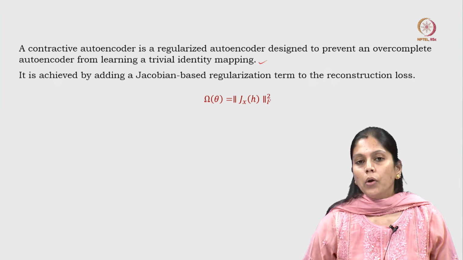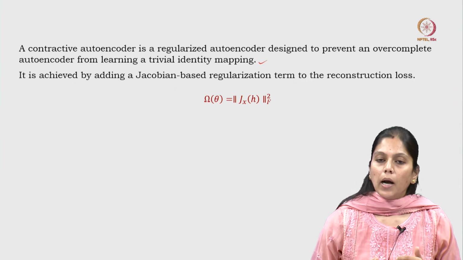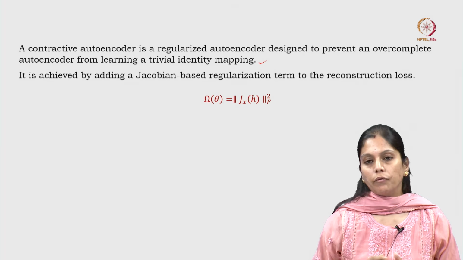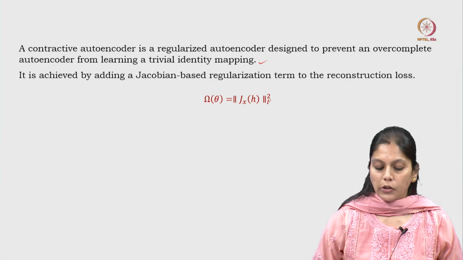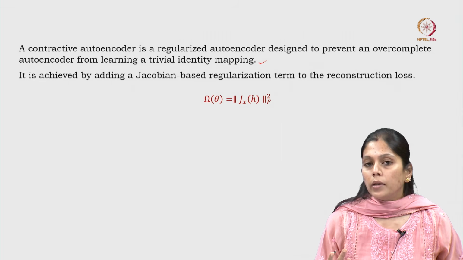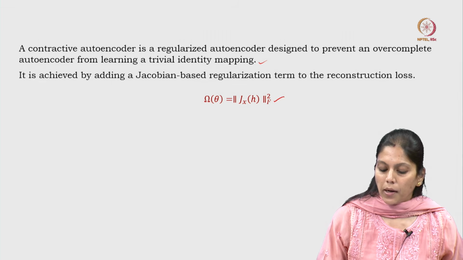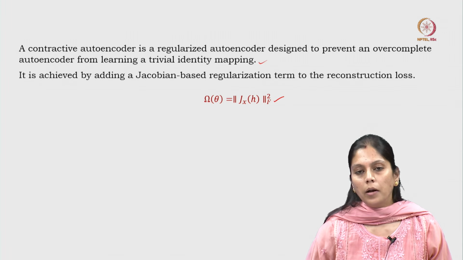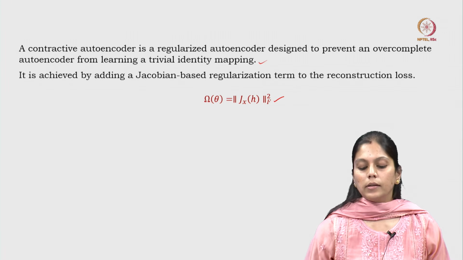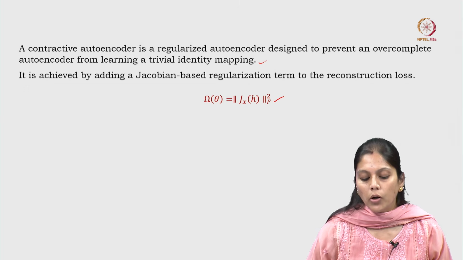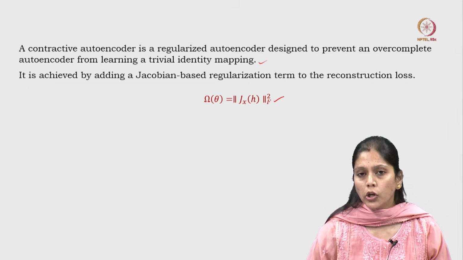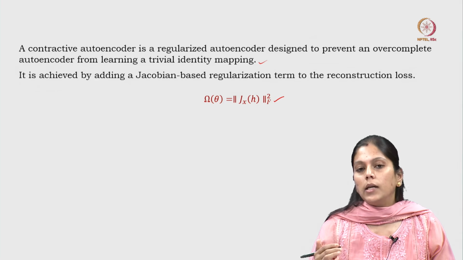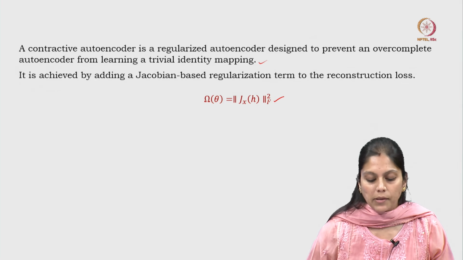We are achieving it by adding a Jacobian based regularization term to the loss function. So what exactly is Jacobian based? How are we denoting the Jacobian based regularization term? It is represented with this particular math. This is the mathematical formula for the Jacobian based regularization term. Now in this, what exactly does each of these terms represent?